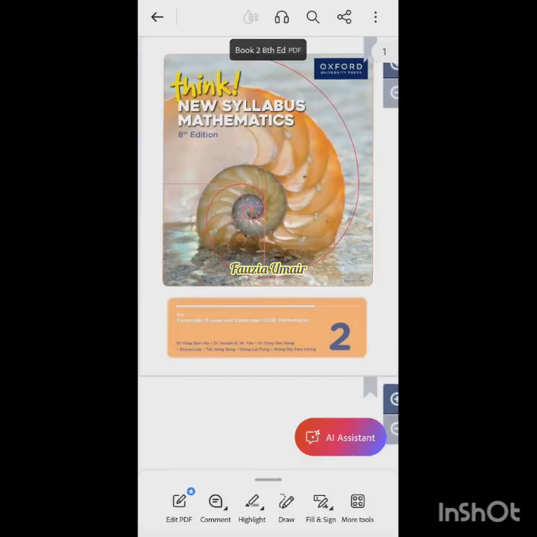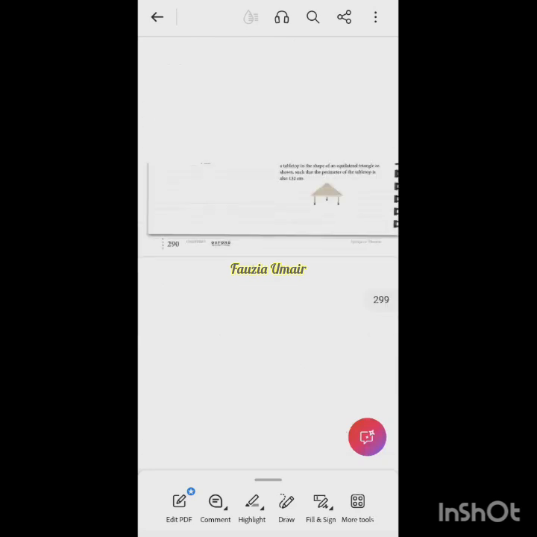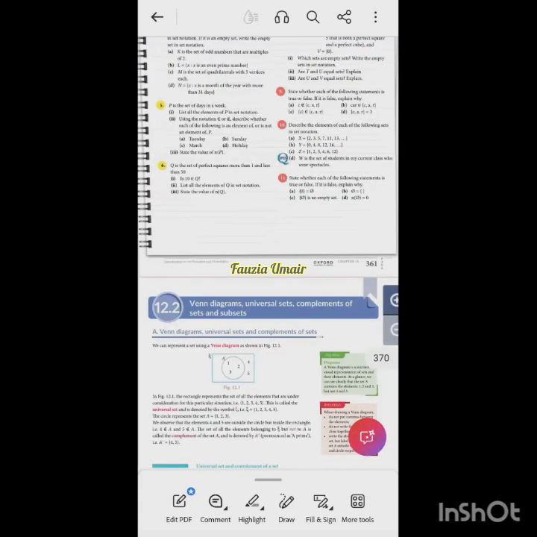So you will go straight to the end. It's page 368. All right. So this is, acha, ye dekhe, 12A.